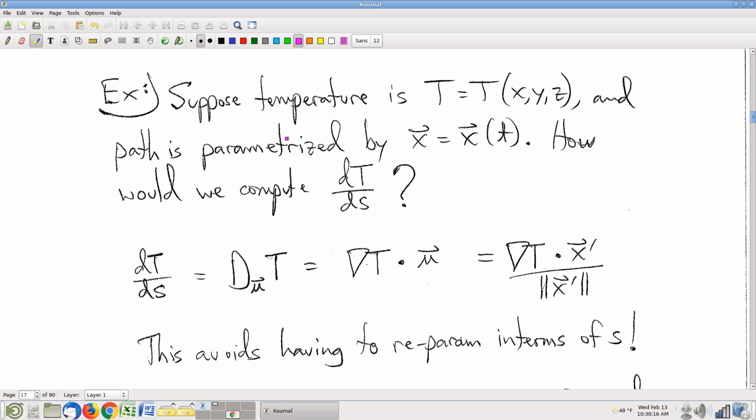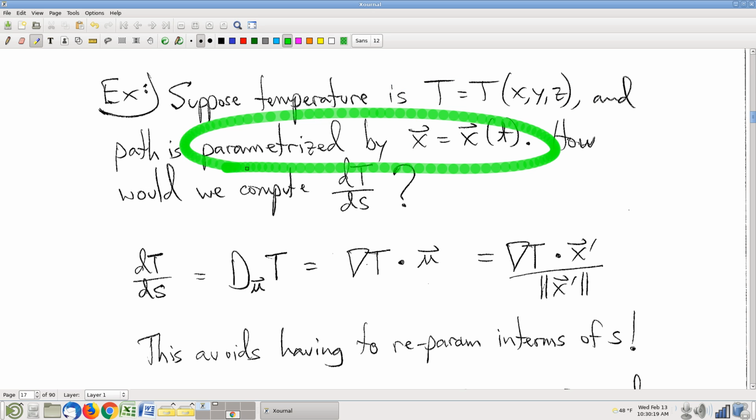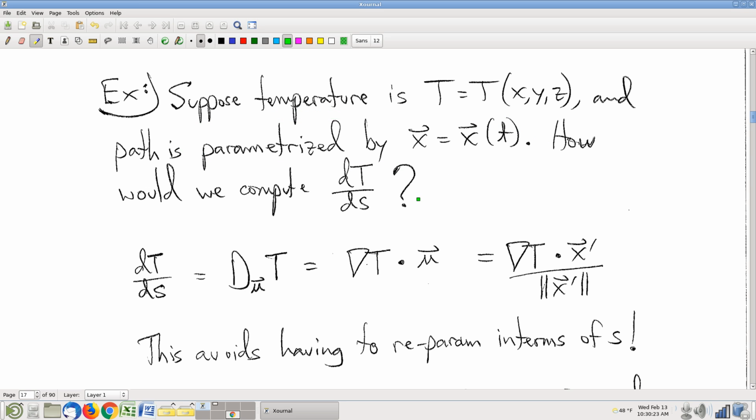And suppose you're moving along a curve given by a parameterization, like so. How would you compute, as you move along that curve, dT/ds? And I emphasize, there's a temptation to look at this a little too casually and think derivative of the temperature function, derivative means rate of change, that means I want to know how fast it's changing, and to inadvertently conflate this with dT/dt, which is not the same thing. We want dT/ds.